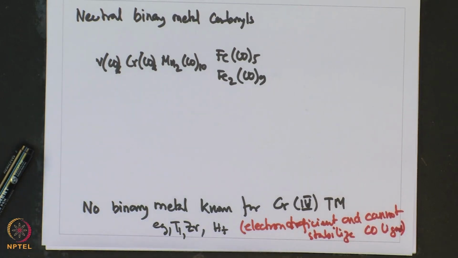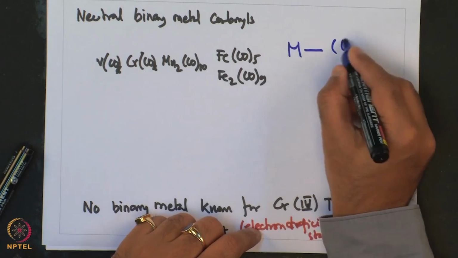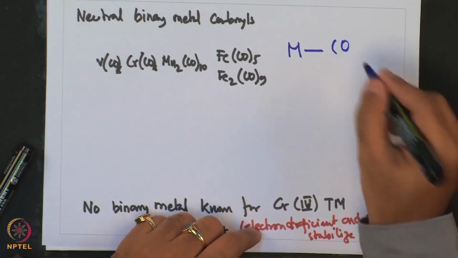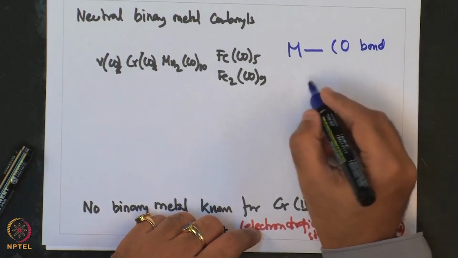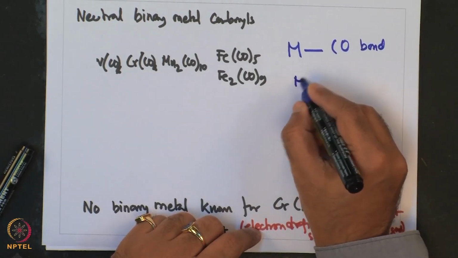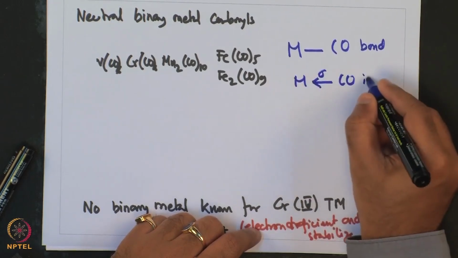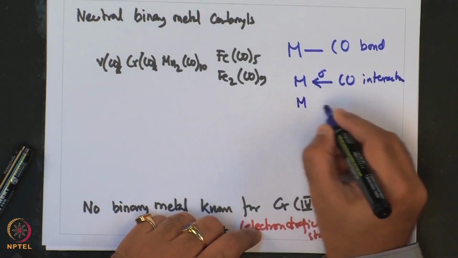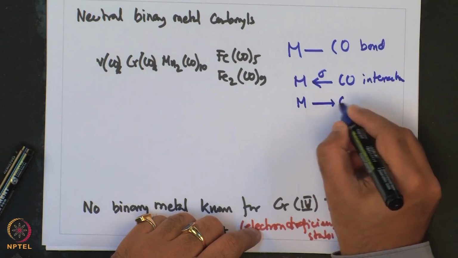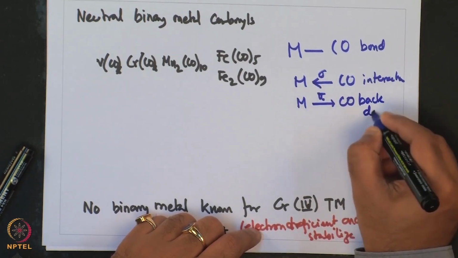Now, this is an important observation from the perspective of the fact that the metal carbonyl bond has two kinds of interaction. For example, metal to carbonyl sigma donation, as well as metal to carbonyl pi back donation.